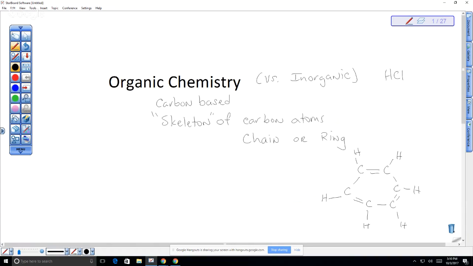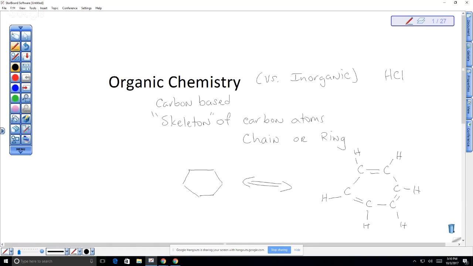But oftentimes when they draw organic molecules, they leave out the carbon and they leave out all the other elements that are covalently bonded. So you might see shorthand, it actually might look like this. This is the same thing as that, right? That's the same thing.